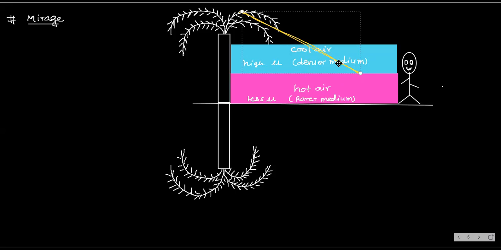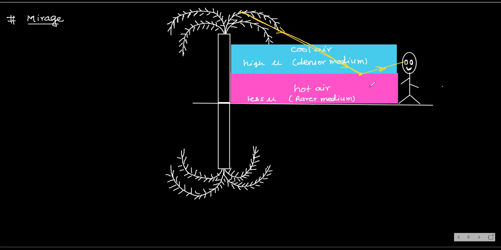So light is entering like this, and then what happens at a particular angle at this point? Total internal reflection takes place, and this light will reflect into the same medium, and it will enter the person's eye.